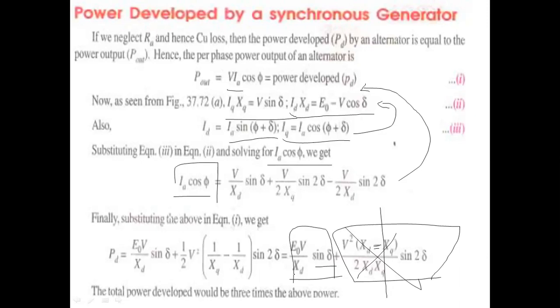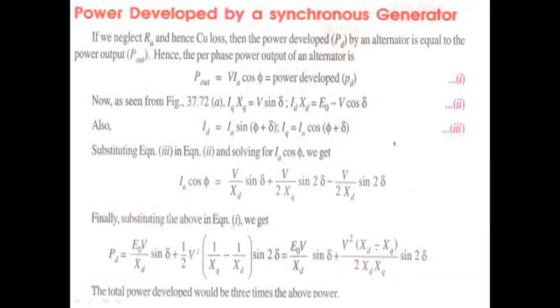So if E naught is equal to 0, then the first expression will also become 0, and power developed is given by the second one. If this term is not there, power will be only the second term. Okay, always use gamma positive for generation and negative for motors.